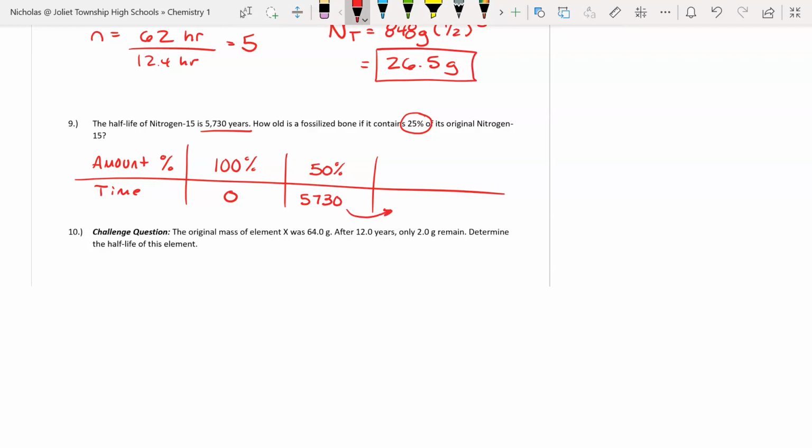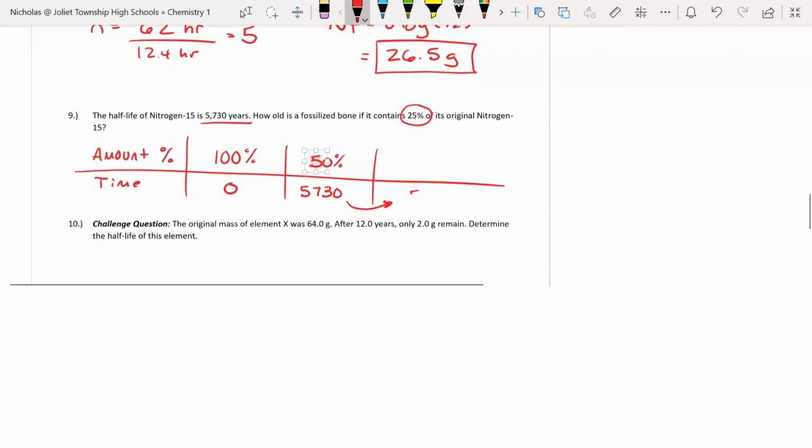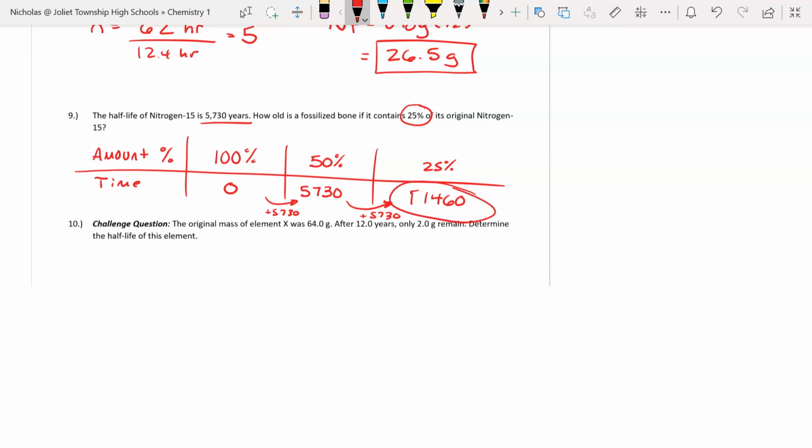I'm going to add a half-life again, and this will be 11,460, because again I'm adding 5730, and I did the same thing here. Okay, so half of 50 is going to be 25%. So to answer the question, how old is a fossilized bone, I'm going to look at the bottom here. So the answer is 11,460 years.